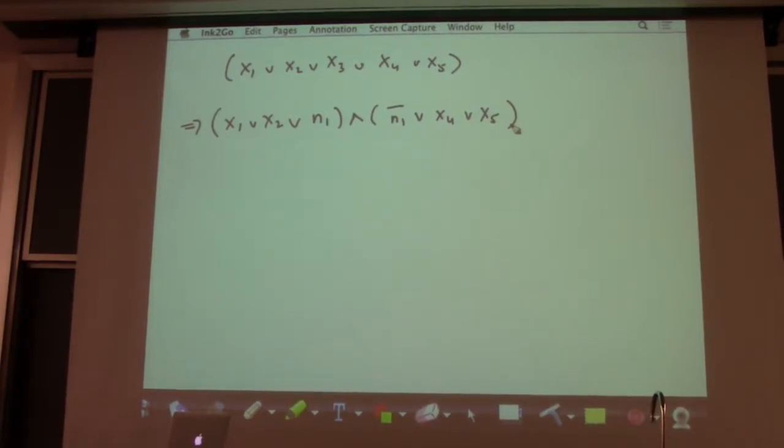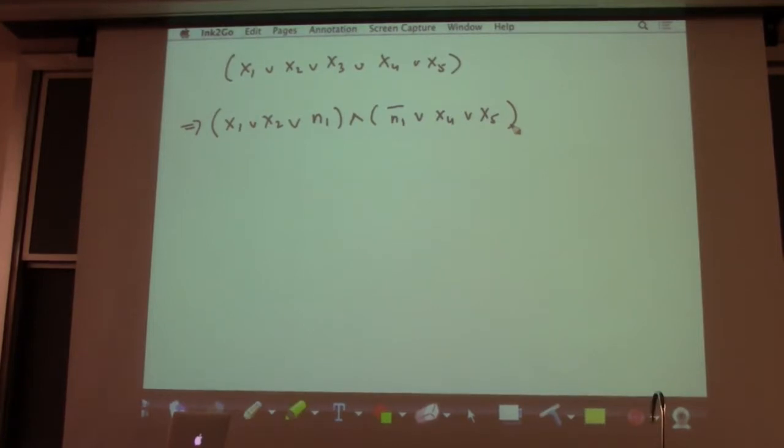My new output is syntactically correct. It is a collection of clauses that are added together. Each clause has exactly 3 things in it. So the syntax is correct. But does it have the same truth value as the original clause? What I require is that no matter what assignment of values I put on the original clause, I get the same assignment here, regardless of the value of n1.